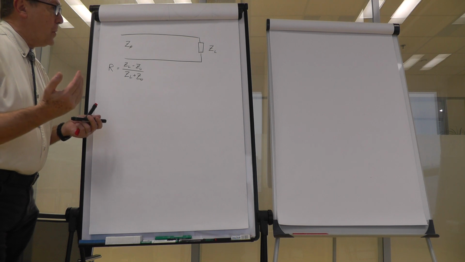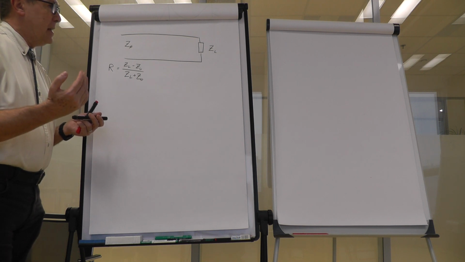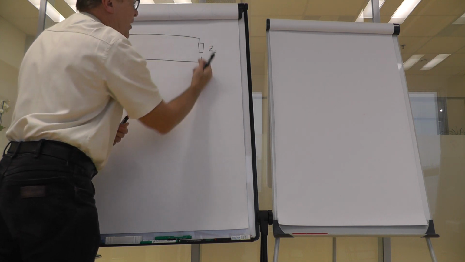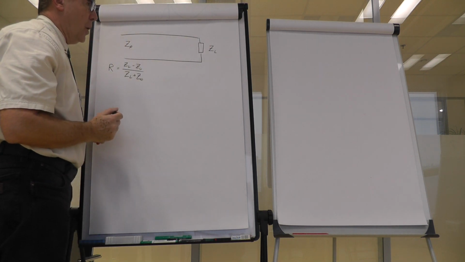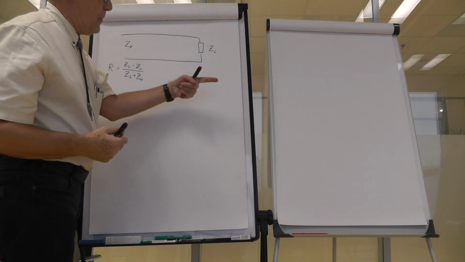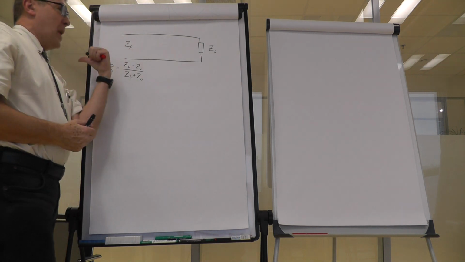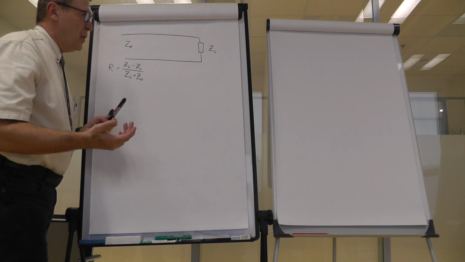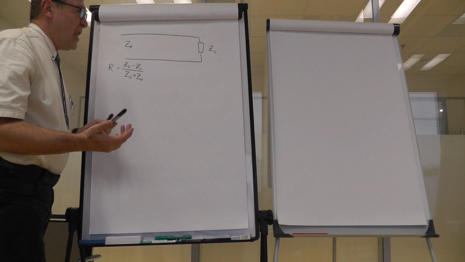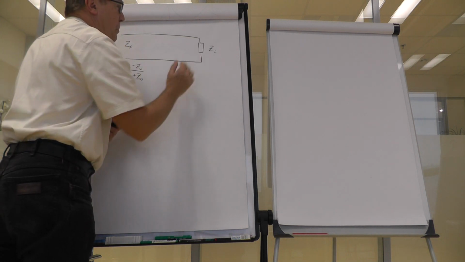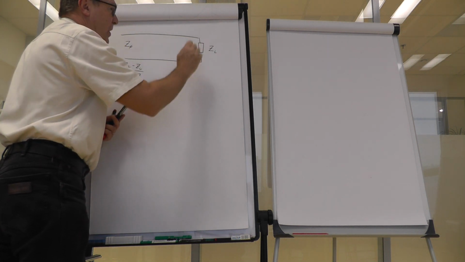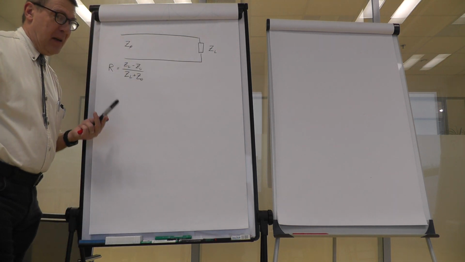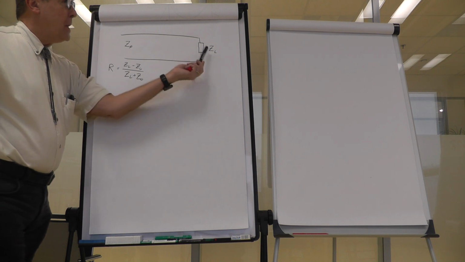But the important point is, let's say that we have the conditions at the load. There is an incoming wave and a reflected wave. And those together match the load impedance so that the voltage and current at this load impedance have the ratio of ZL.